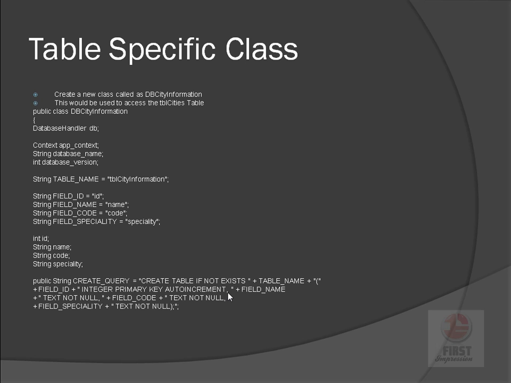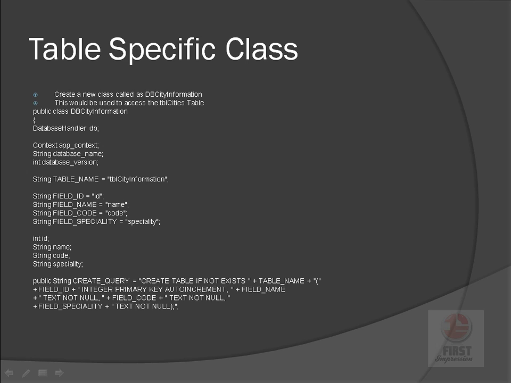We have to concatenate this with the field name, so I'll have field name plus text not null, plus field code text not null, plus field specialty text not null. Now this syntax might be a bit confusing to begin with, but you have to appreciate the fact that if tomorrow the table name changes from TBL city information to TBL city info, then you don't have to change TBL city info over here. You just have to make a change once. This change will be reflected in all the queries to come.